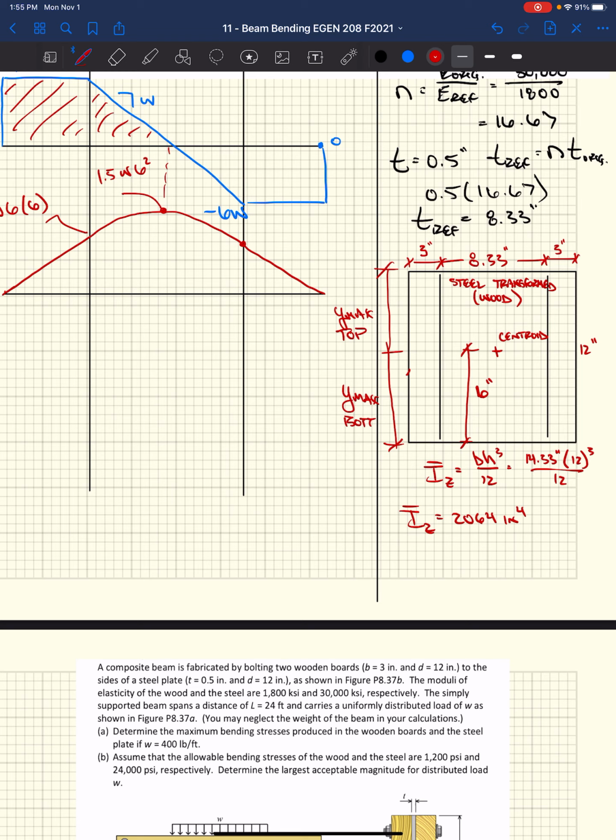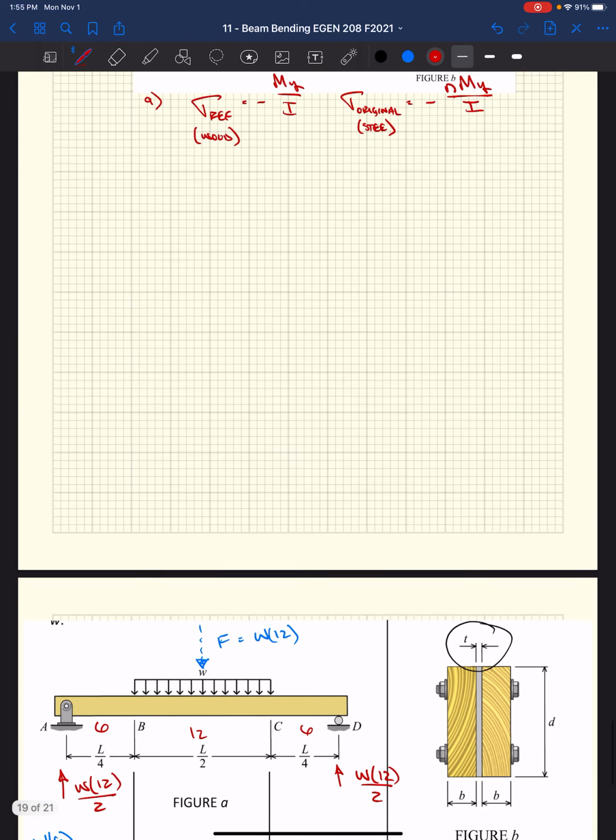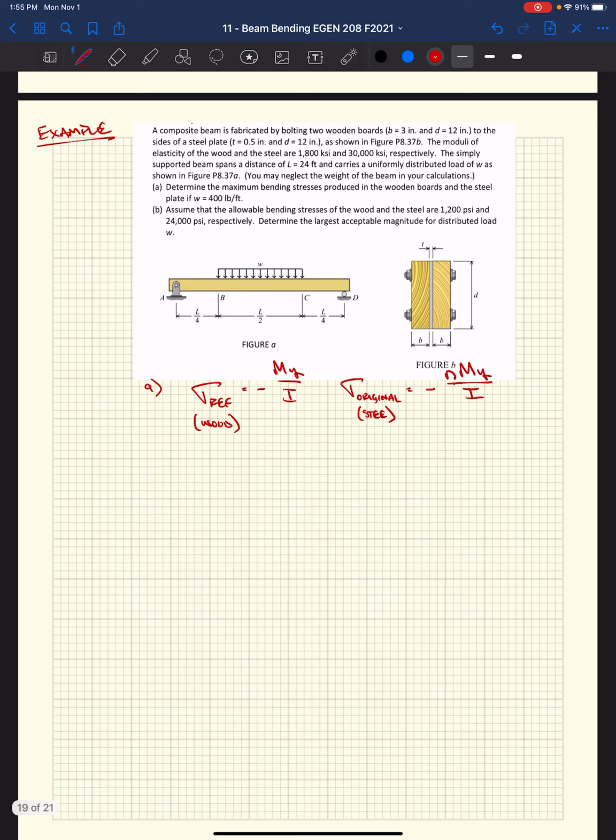So our y max could be positive or negative. Okay. So if we go back through here and start looking at wood, negative M, well, we said it was 1.5 w times 6 squared, 400 pounds per foot times 6 feet squared.